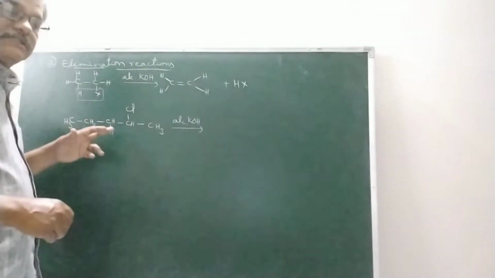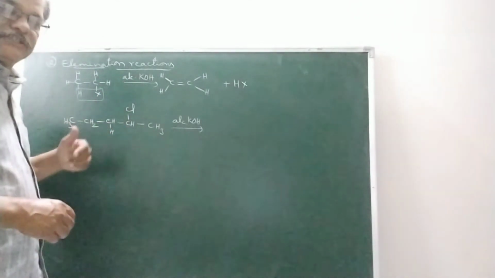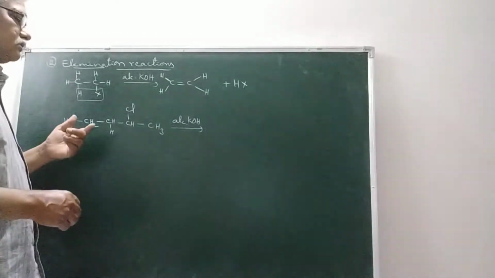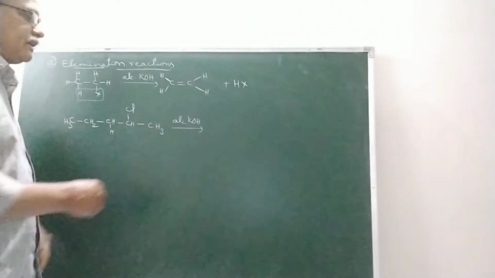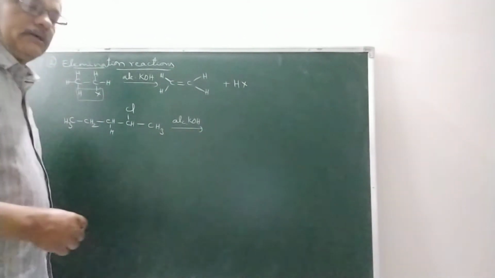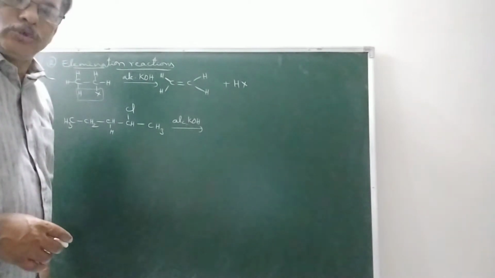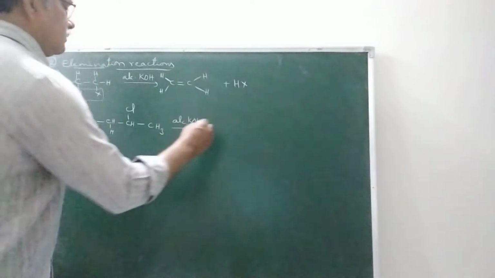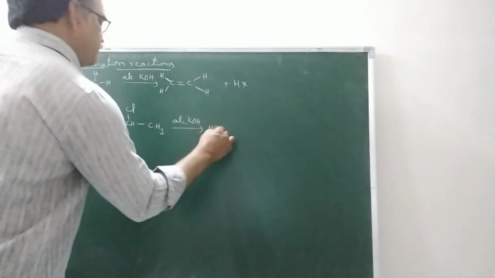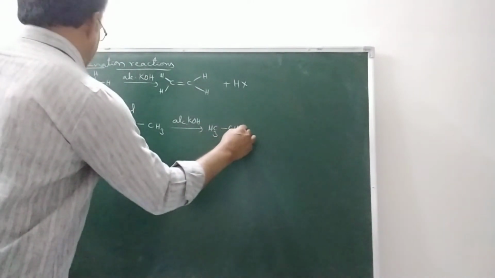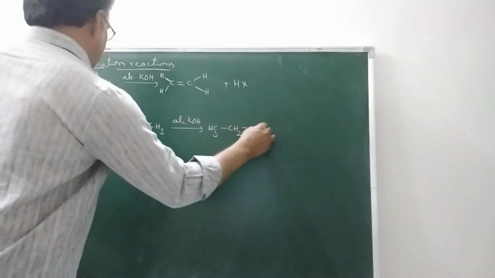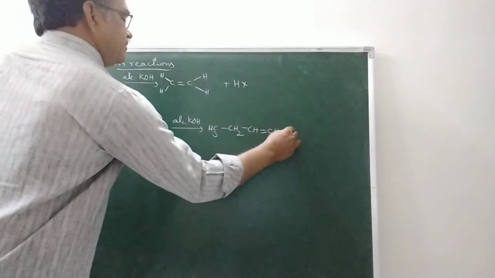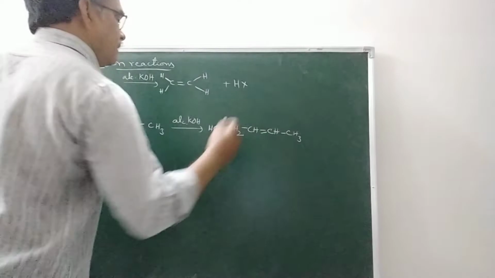So which one takes place? If there are two possibilities, an alkene with more alkyl groups on either side is favored. That means CH3CH2CH2CH=CHCH3 is formed.